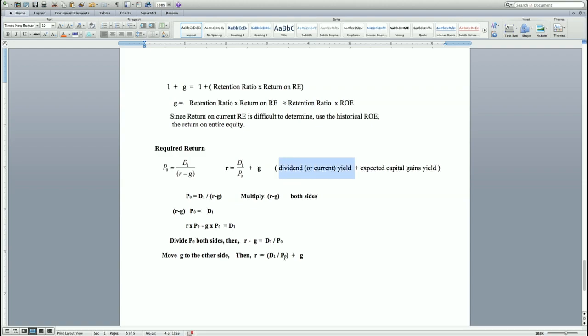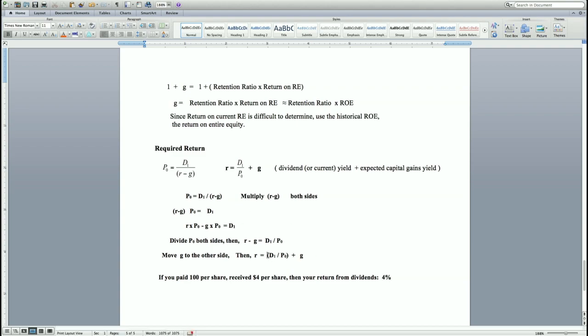What this means, you pay the stock today, and in a year you'll get the income. But this income is from dividend. If you paid $100 per share and received, let's say, $4 per share, then your return from dividend, that's 4 over 100, 4%.